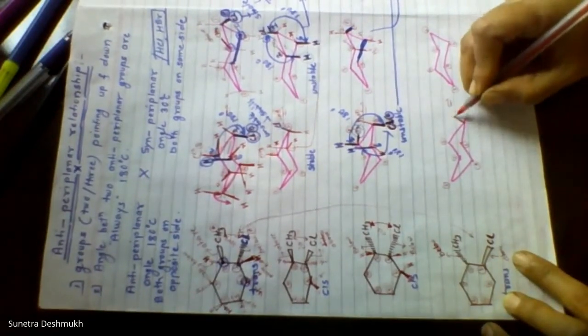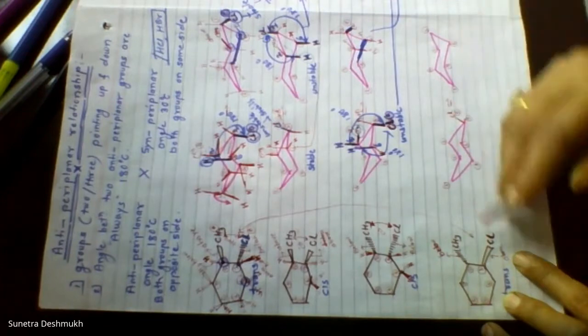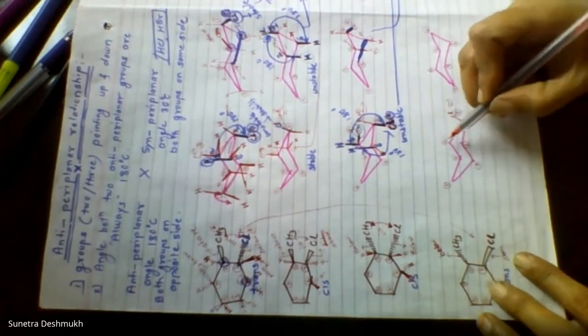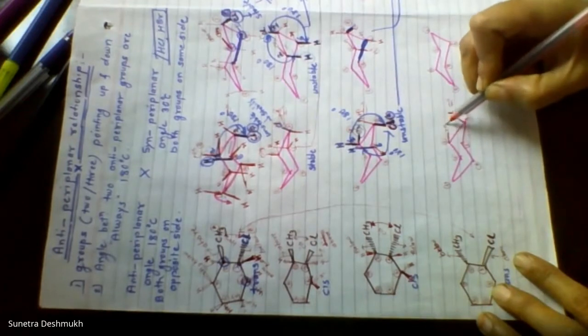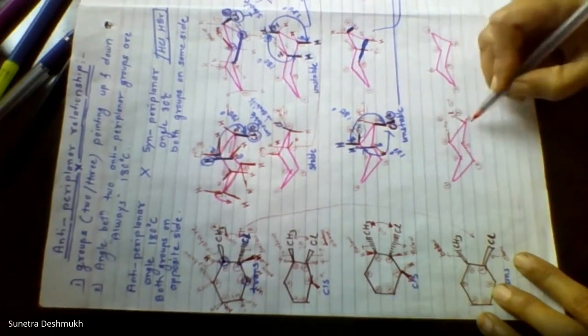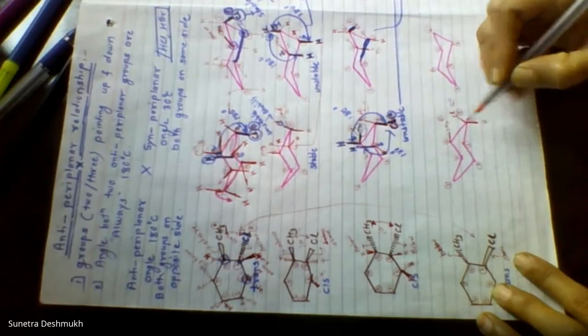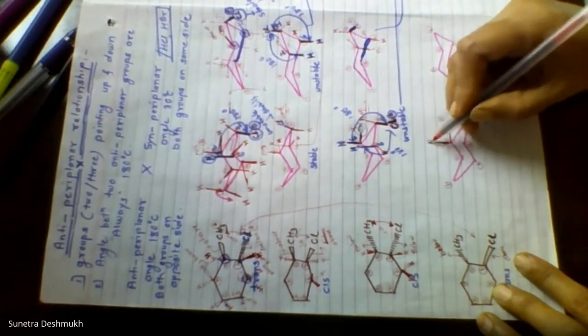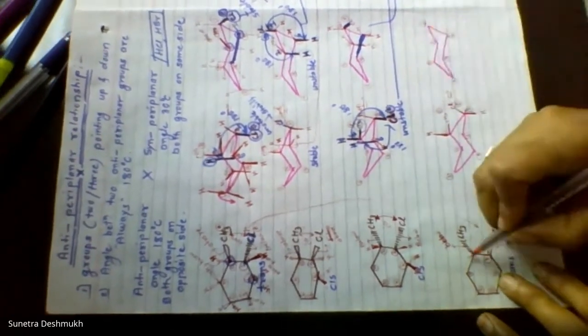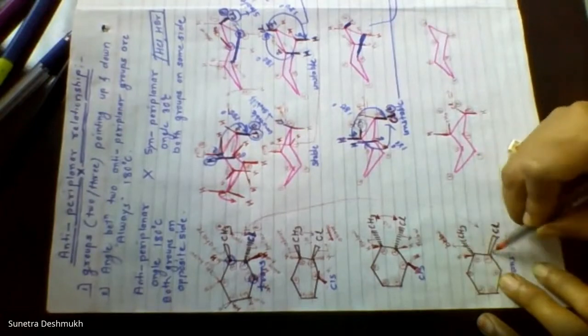Okay, so here I will now draw the substituents present. First, chlorine is above the plane. I will draw it simply above the plane, equatorial. The methyl group at the second position is below the plane, so this is equatorial.